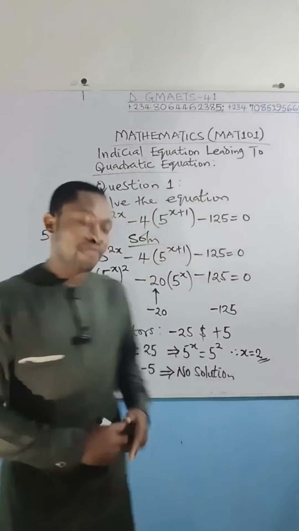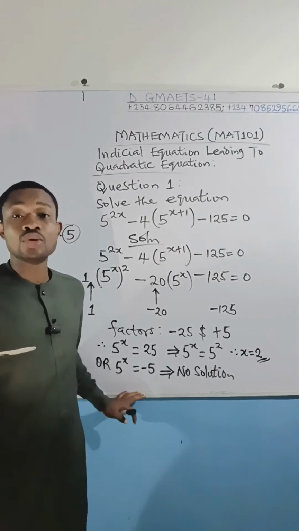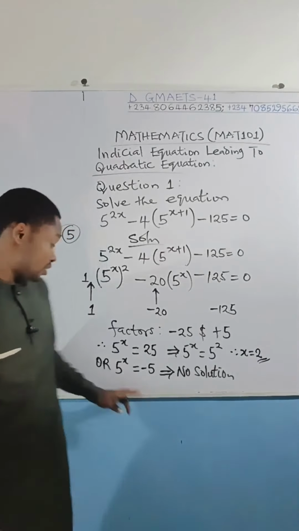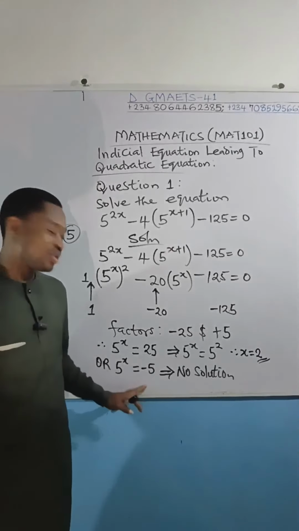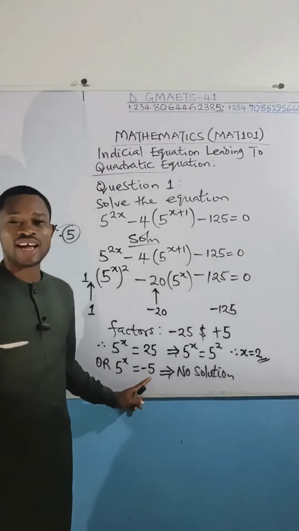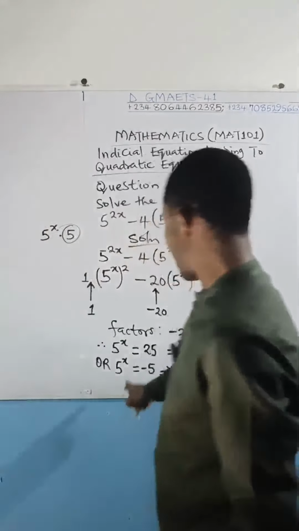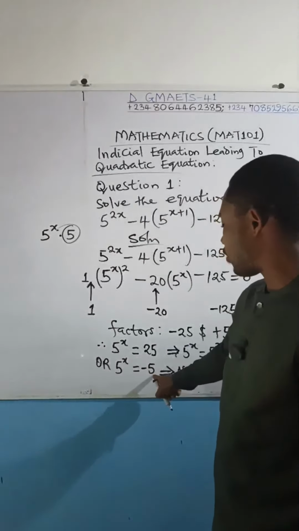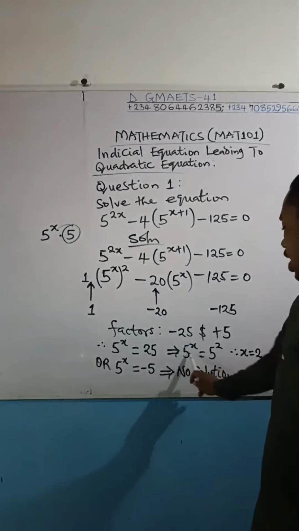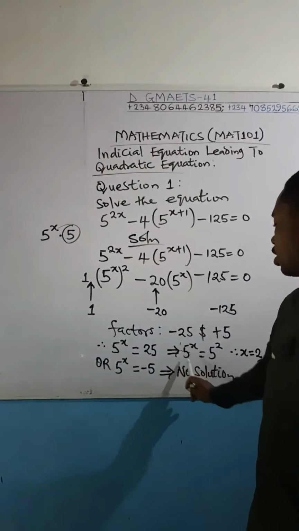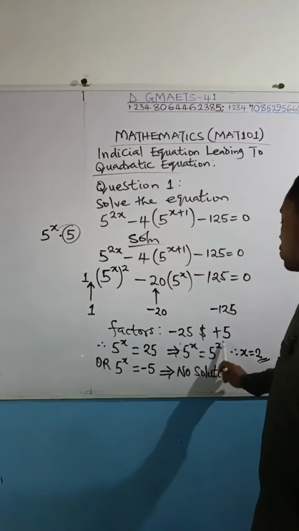And in fact, converting this to logarithm can tell us truly that this guy has no result. Because you can actually convert this to logarithm, but if you work on it, you'll notice that this would be an indeterminate term. You can't solve it. For example, if I have 5 to the power of x equal to minus 5, what we did here to solve and obtain this was actually at this point, we took log of 5 raised to power x base 5, and then log of 5 raised to power 2 base 5.